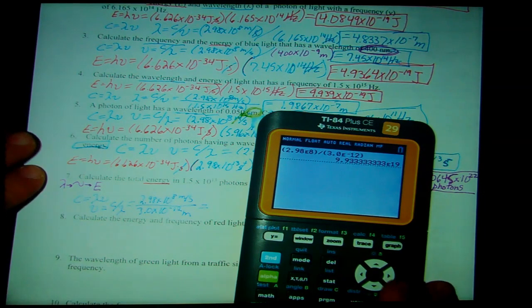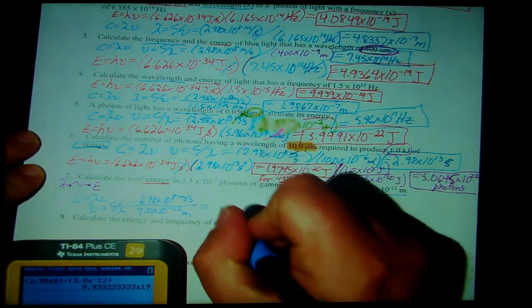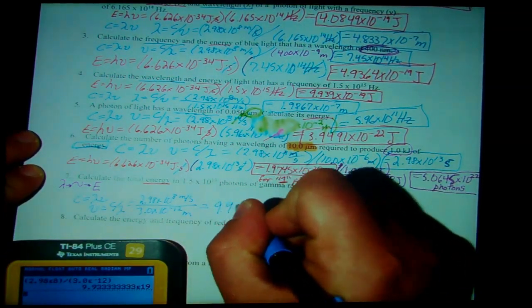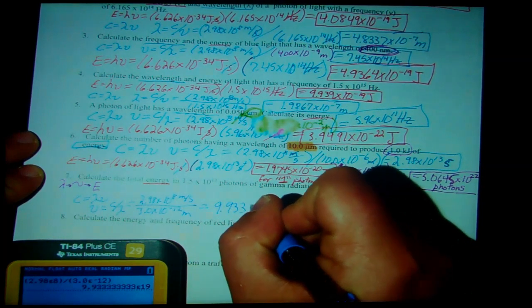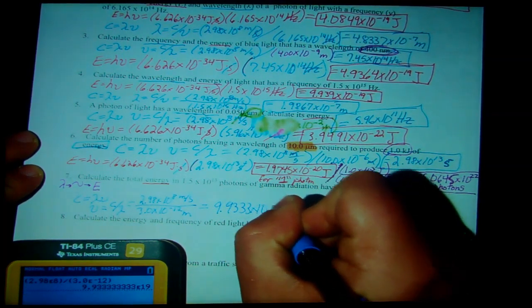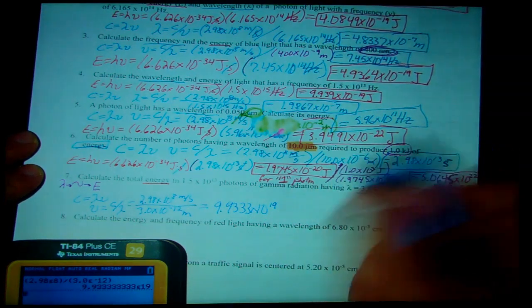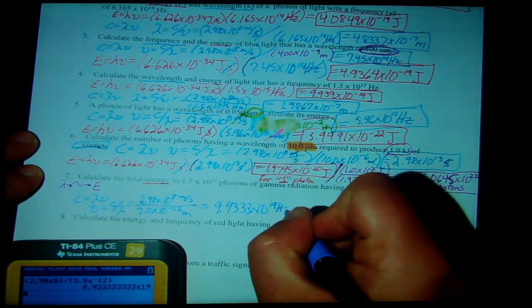Equals, so we get an answer of 9.9333 times 10 to the 19th, and that is hertz, because that is frequency.